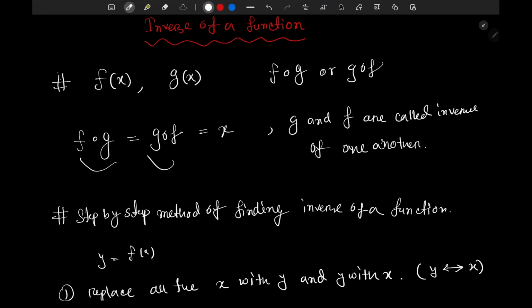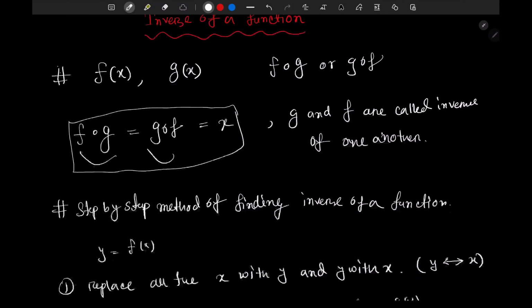If this is the case, then f and g are called inverses of each other. If this condition holds, then we say g and f are called inverses of one another.